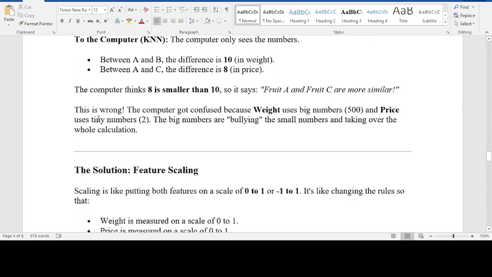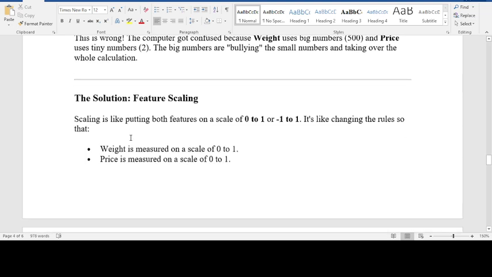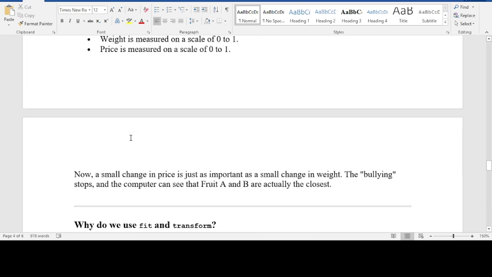This is wrong. The computer got confused because weight uses big numbers and price uses tiny numbers. The big numbers are bullying the small numbers and taking over the whole calculation. That is the problem. To overcome that, we go for feature scaling. When you are using KNN regression or KNN classifier, you have to use feature scaling.